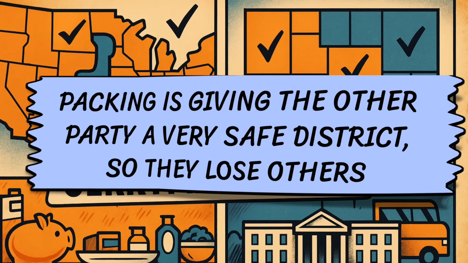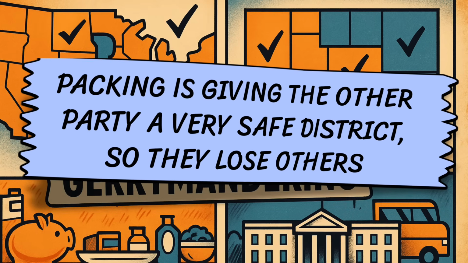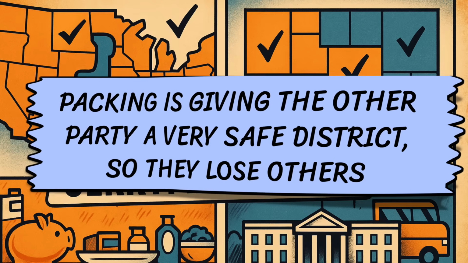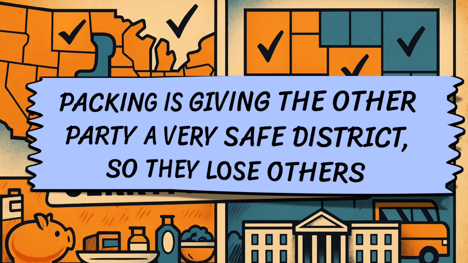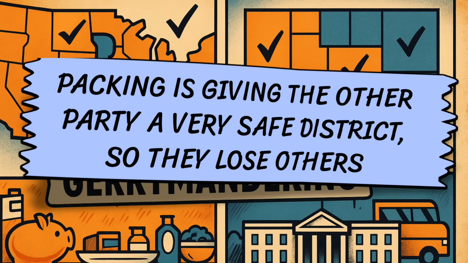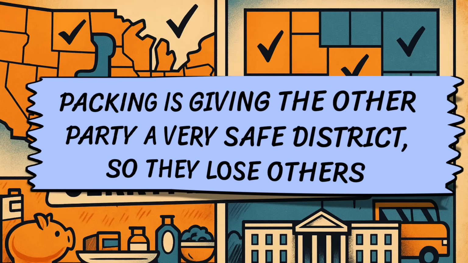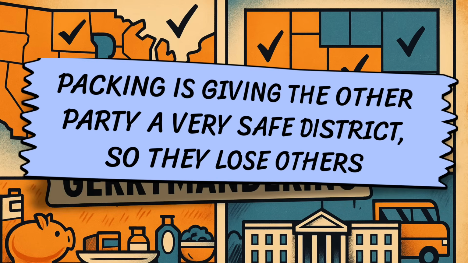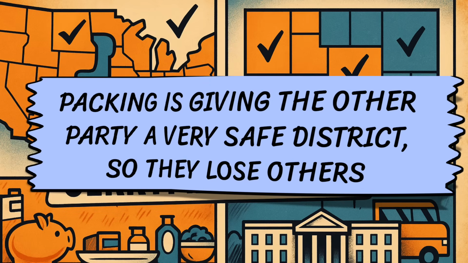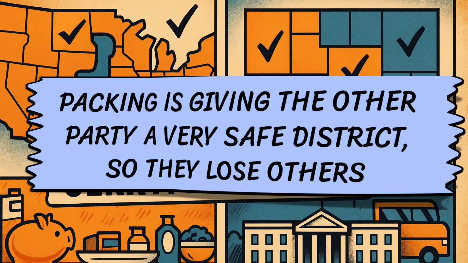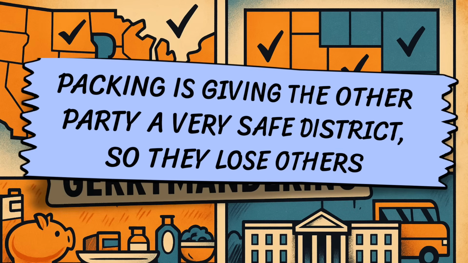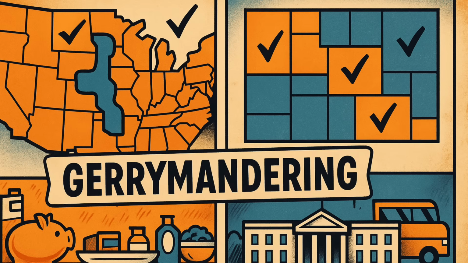This tactic ensures that these voters win overwhelmingly in that one district, but it also means their votes are wasted in neighboring districts where they might have made a difference. For example, if a city has a large population of one political party, mapmakers may pack all those voters into one district so that the other districts remain dominated by the opposing party. It's like putting all your opponents in one box so they can't influence the rest of the playing field.